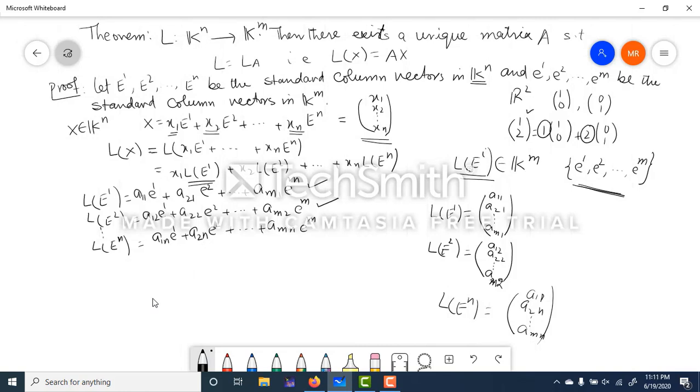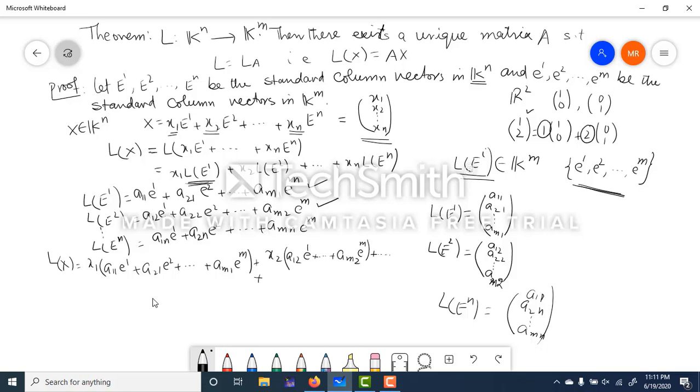So L of x now becomes x1 times L of e1, which is a11 e1 plus a21 e2 plus and so on am1 em, plus x2 times a12 e1 plus and so on am2 em, plus and so on.